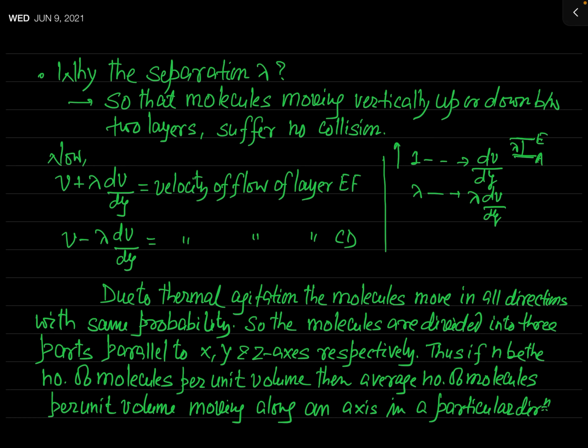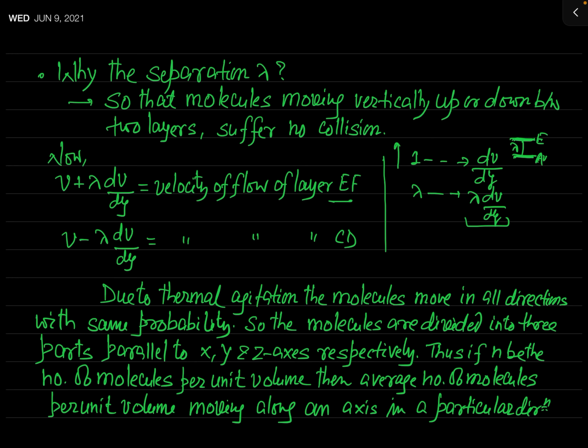So when we move from layer AB to EF, the velocity increases by lambda dv by dy. As the velocity of flow of the gas in layer AB is v, we simply add this increment to v. So v plus lambda dv by dy is the velocity of flow of layer EF.